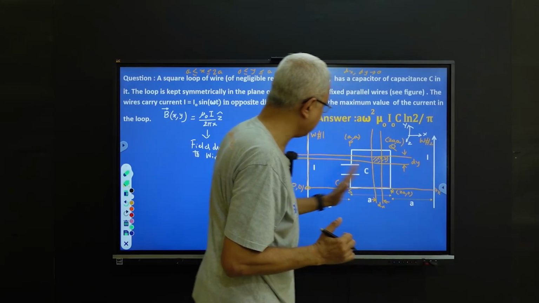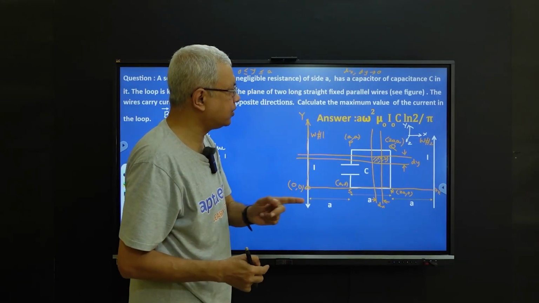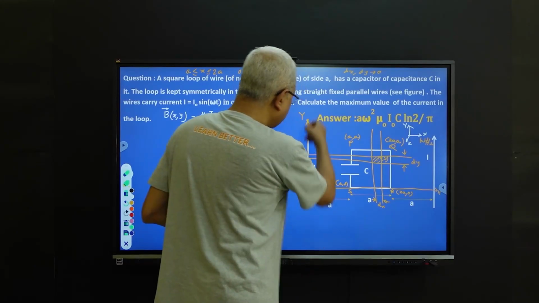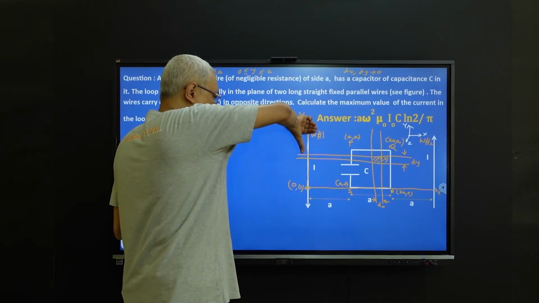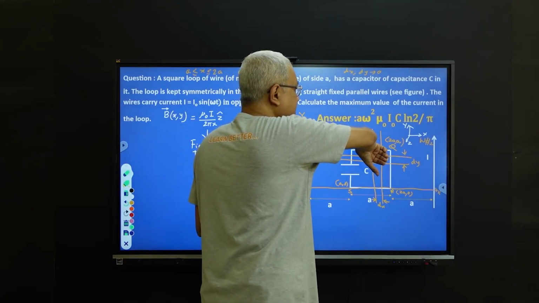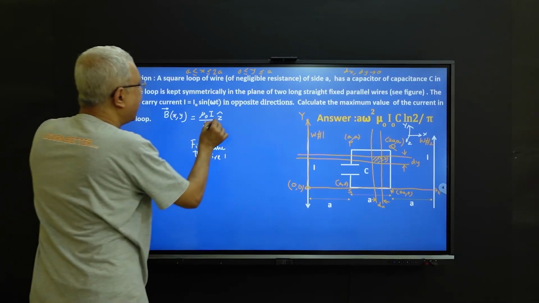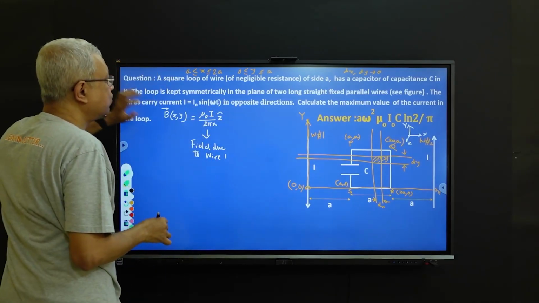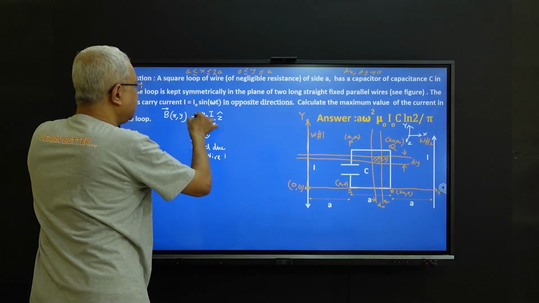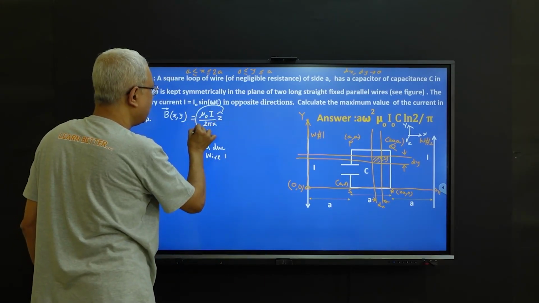Because of wire 1, where current is flowing downward, magnetic field at (x, y) is coming out of the plane of the board, and therefore it is mu naught I by 2 pi x z cap. Field due to wire 1.